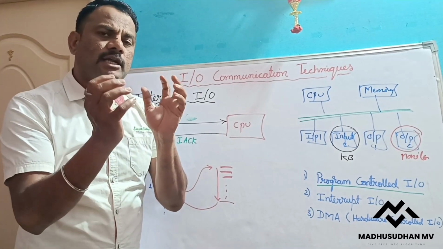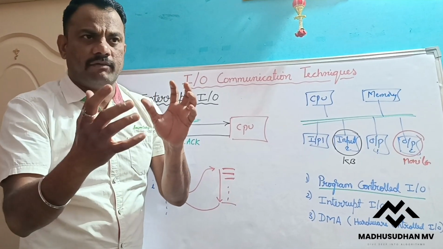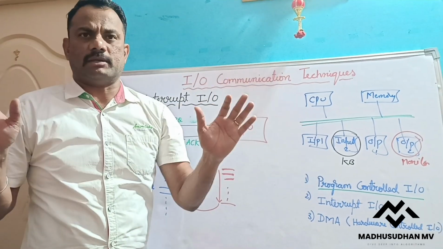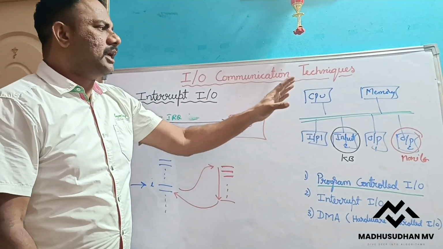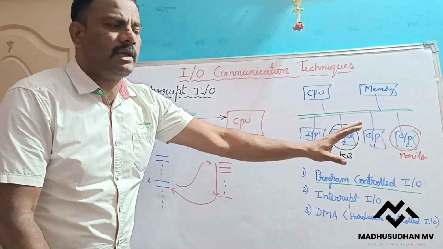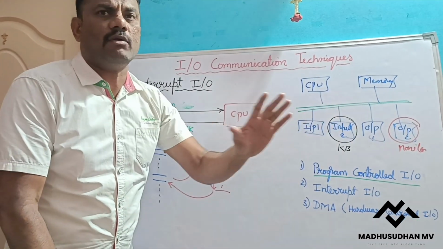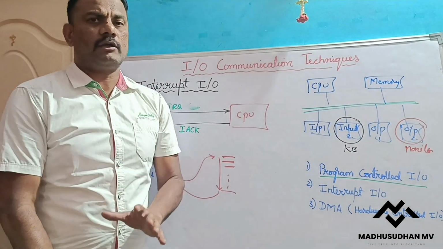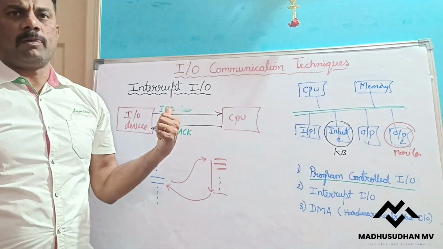After completing the service of that particular IO device, again it enables all the other IO devices' interrupts. So like this, the CPU will enable and disable the interrupt request lines of all the IO devices. This is how it is done. Okay, so I hope you understood the concept of interrupt IO.